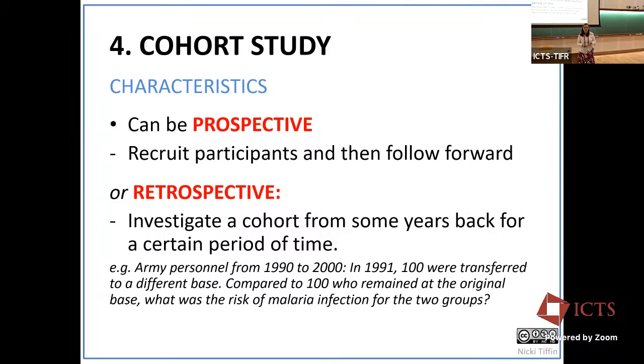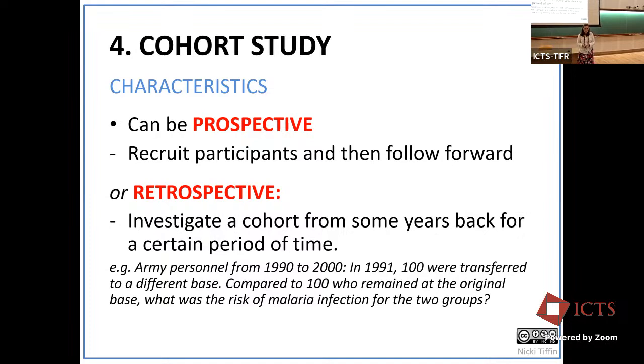So in a retrospective cohort, the data may already be there. It's just a case of building the cohort design and going back in the data, deciding the entry point as recorded in the data for each individual, and then using the data to follow their progress over time. So you could have a retrospective cohort where the end date was 2021 and the data started in 2010, for example. And if the data are available, you can do very useful cohort analyses using those retrospective data.